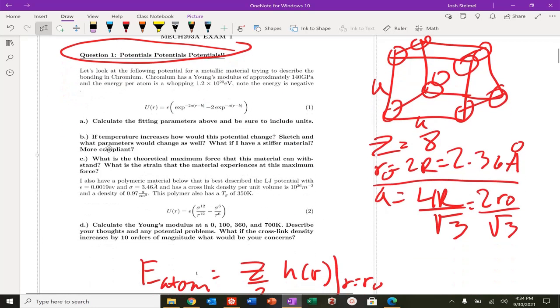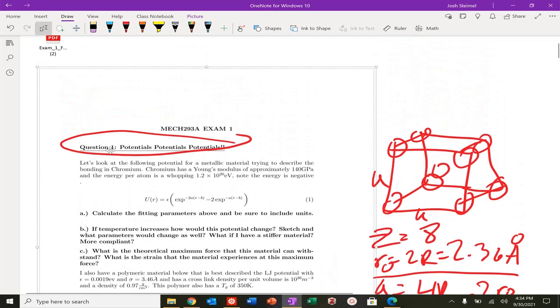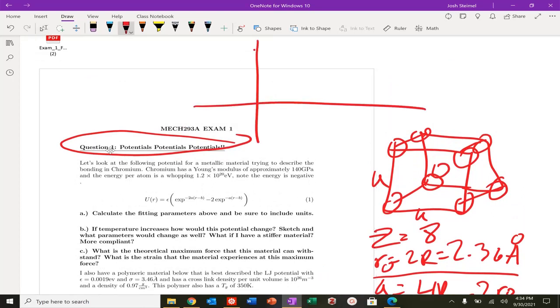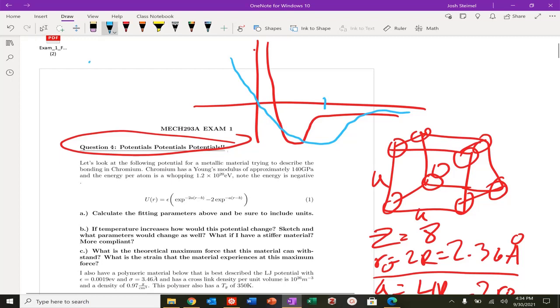So we solved it. If temperature increases, how would the potential change? If I have my normal potential, it looks like this. If my temperature increases, it would look like this. My R naught would change and my potential would widen a little bit. That's because Young's modulus for metals, ceramics, and amorphous polymers decreases as temperature increases.